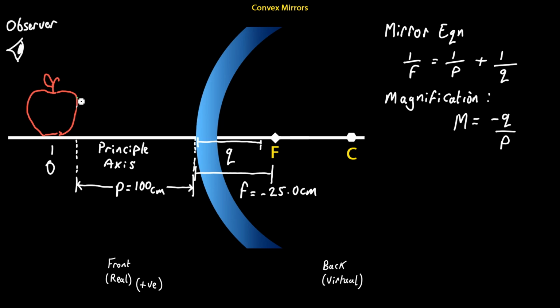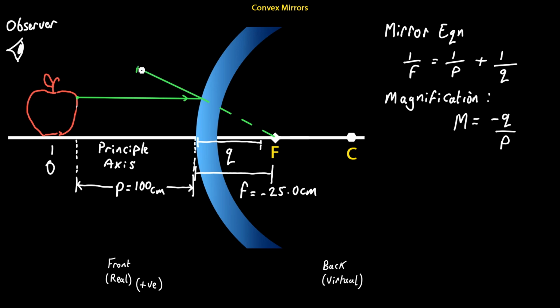So we can choose any point now on our object and trace out a horizontal line towards the mirror. And this is horizontal to the principal axis. The reflected ray will trace out a line as if it originated from the focal point. So that's our first ray.